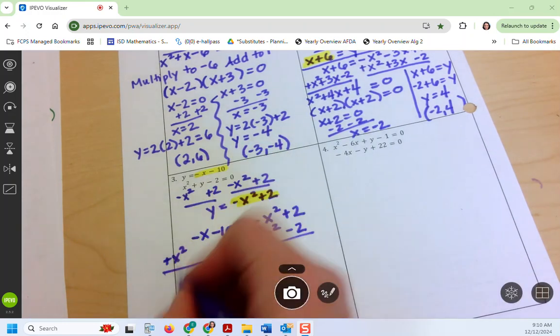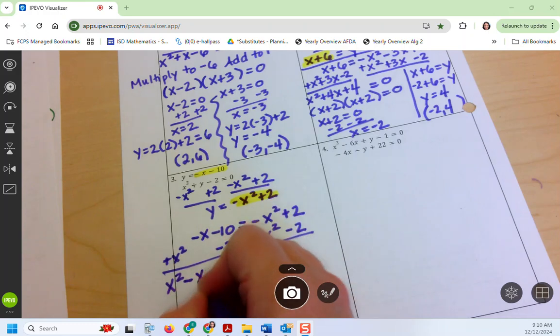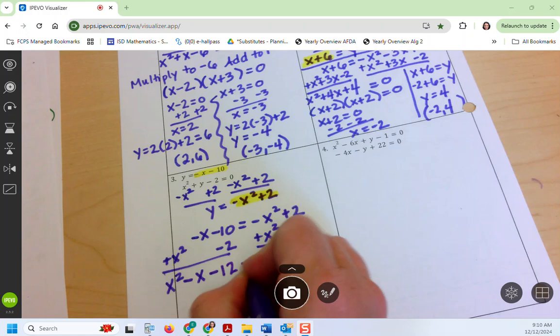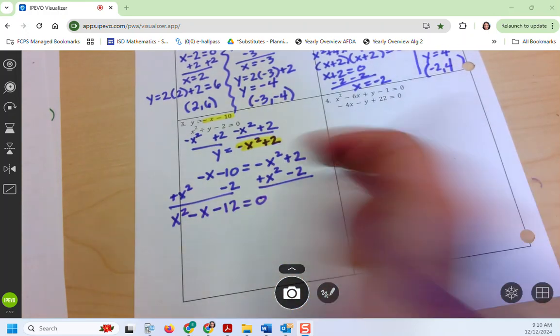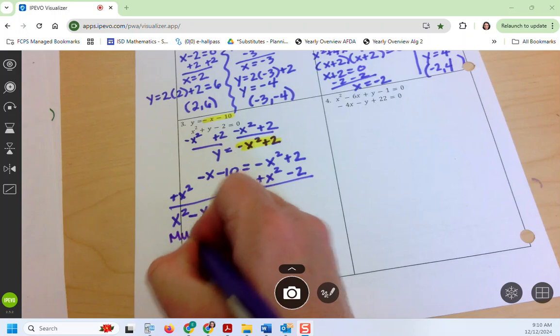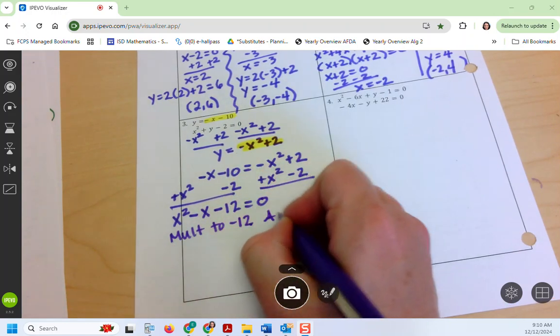So the x squared has nothing to add to, so I just bring it down. The negative x has nothing to add to, and then negative 10 minus 2 is negative 12. So if you haven't factored yet, you are looking for two numbers that multiply to negative 12 and add to negative 1.